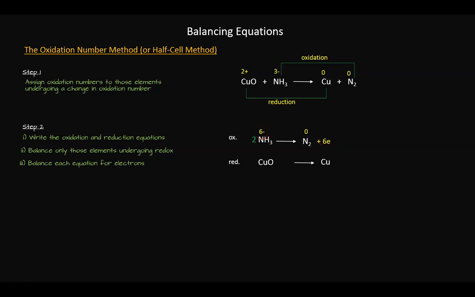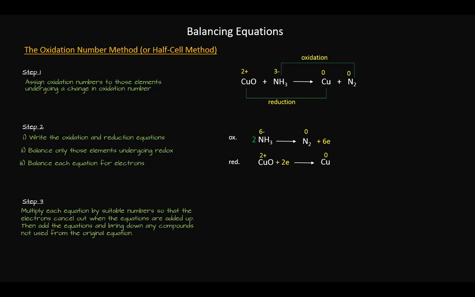In the reduction of copper oxide, we're going from a 2+ down to 0. So in this case, the copper must have gained 2 electrons. Recall that by definition, in a reduction, an atom gains electrons, and the copper here has gained 2 electrons.